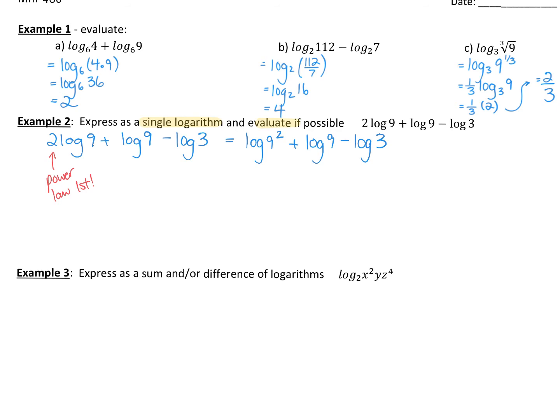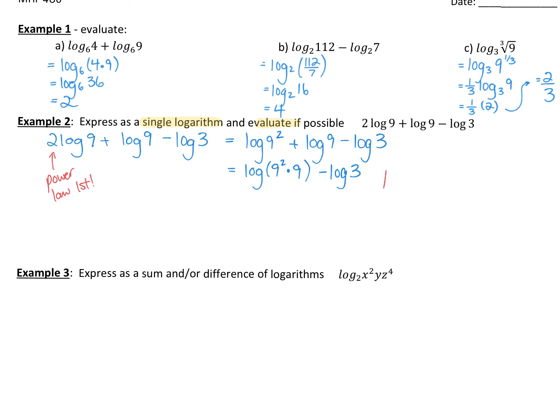And then we can use our product law and our quotient law to simplify it further. You can do this all in one step, or you can do it in a couple steps. So I'll use a couple steps just for you to see. Note they all have the same base, and remember that base, you can't see it, so that means it's a base of 10. Okay, so first I'm going to use my product law, and I'm going to put my 9 squared times my 9.